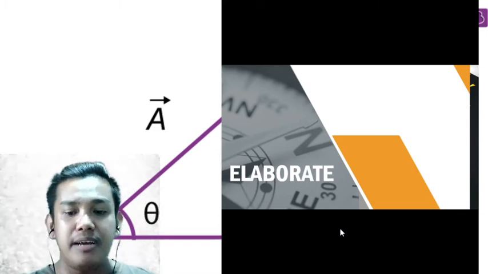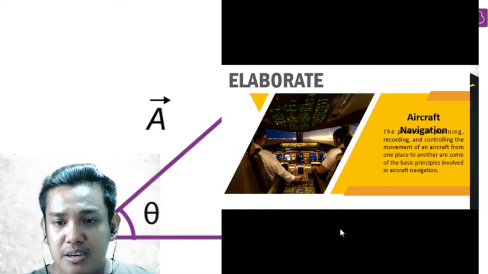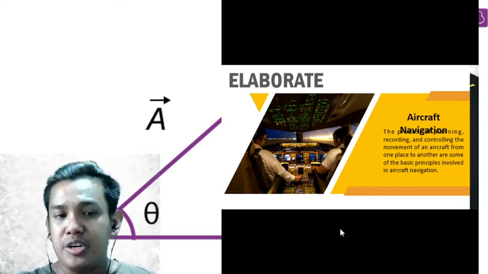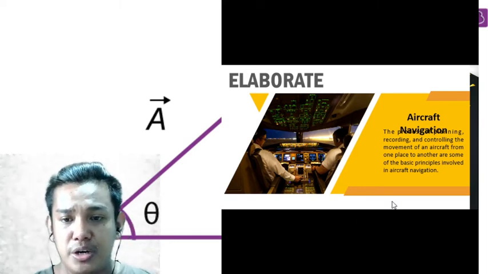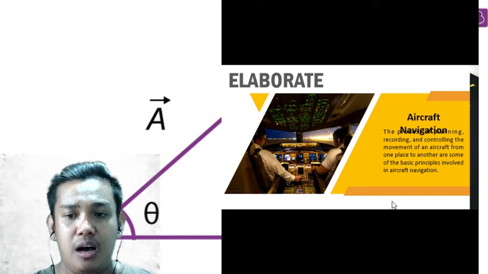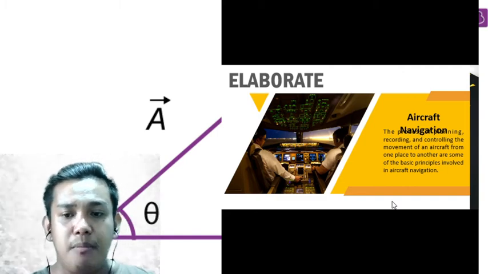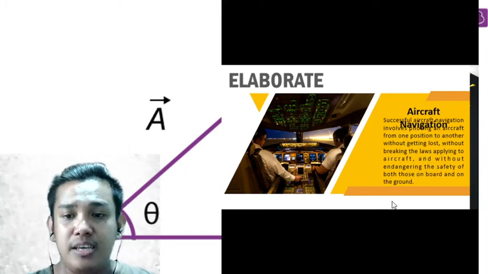So, more elaboration: aircraft navigation. In aircraft navigation, we have the controller at the front, as you can see in the picture, recording. The movement of an aircraft from one place to another involves some of the basic principles of aircraft navigation.